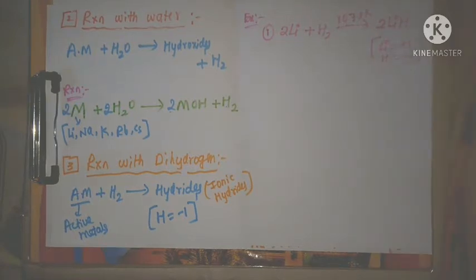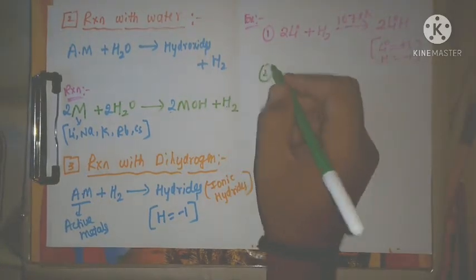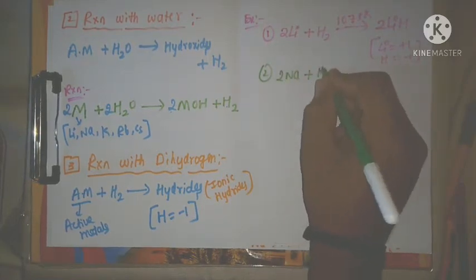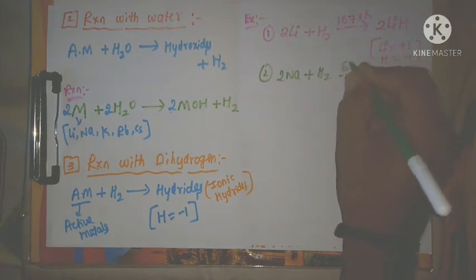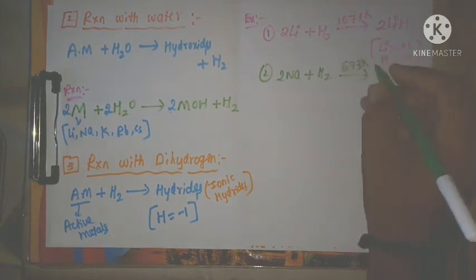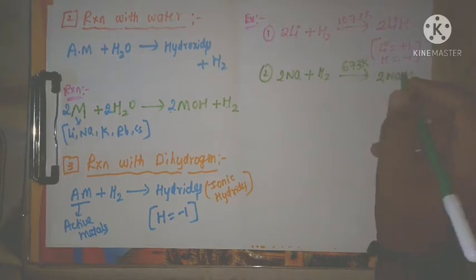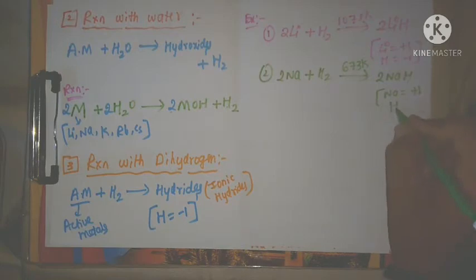Similarly, I will take the second example, that is sodium. When sodium reacts with dihydrogen, the required temperature is 673 Kelvin. It will form sodium hydride, that is 2NaH. Here also the sodium oxidation number is +1 and hydrogen oxidation number is -1.